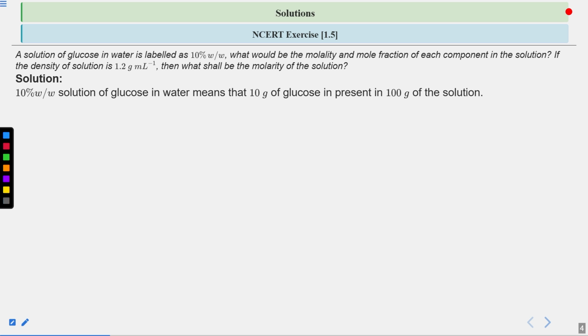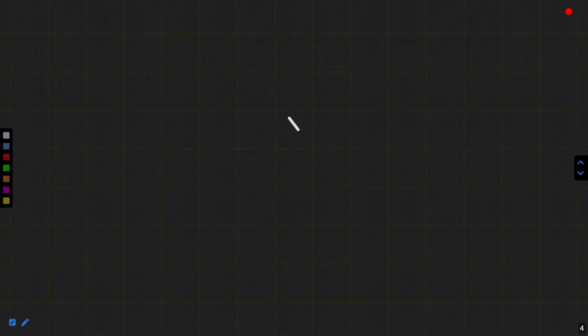For partial association and partial dissociation, the formula goes like this. Alpha is equal to (i minus 1) by (n minus 1). This is for dissociation.